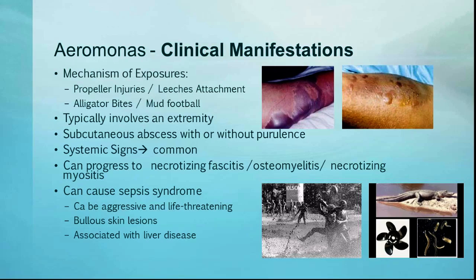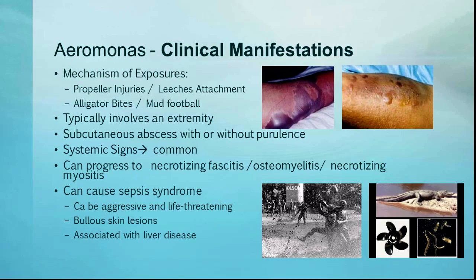For the clinical manifestations, the way you get this exposure is usually through propeller injuries again, and also leeches. The medicinal leech attachment: this bacteria lives in the foregut of the leech, and once some people use that for medicinal purposes, the Aeromonas can get in and cause local wound infections.